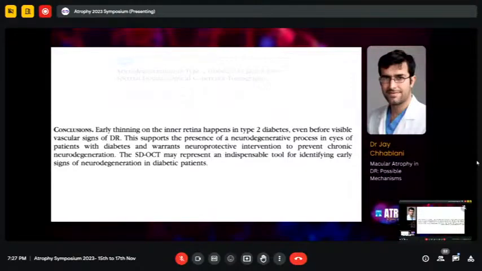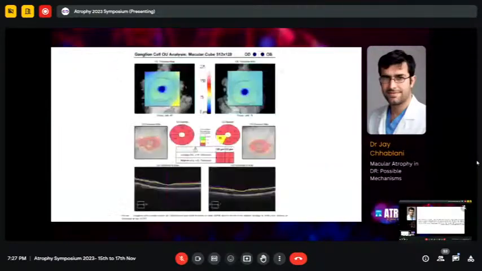I believe that this paper proved that diabetic retinopathy is primarily neurodegenerative, with changes before the vascular changes appear clinically. As we can see on these figures of GCL thickness maps from Cirrus OCT, there is thinning of the ganglion cell IPL complex even in a patient with very early diabetic retinopathy changes.